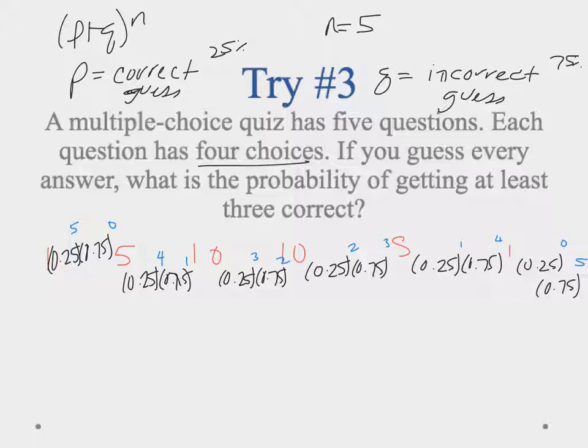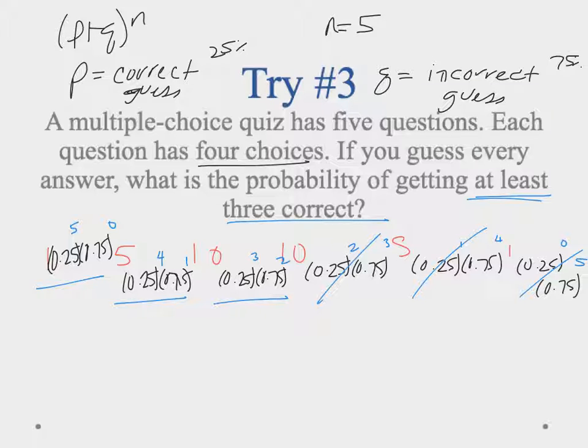But it says, what's the probability of getting at least 3? So to get at least 3, that'd be 3, 4, and 5. So I only want, this is 5 correct, this would be 4 correct, and this would be 3 correct. I do not need these 3 at the end. And then I'm just typing it on my calculator. So that'd be 0.25 to the 5th power.